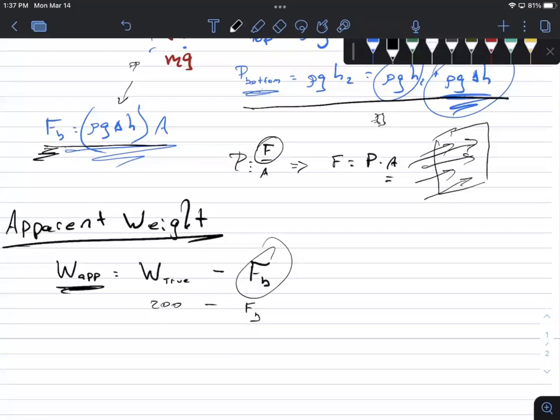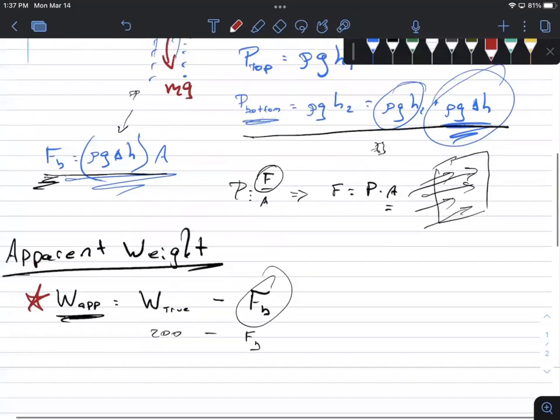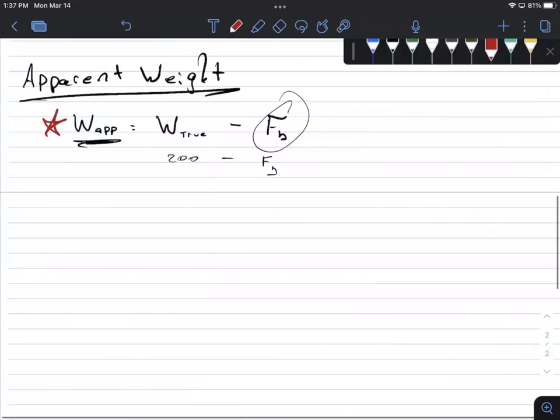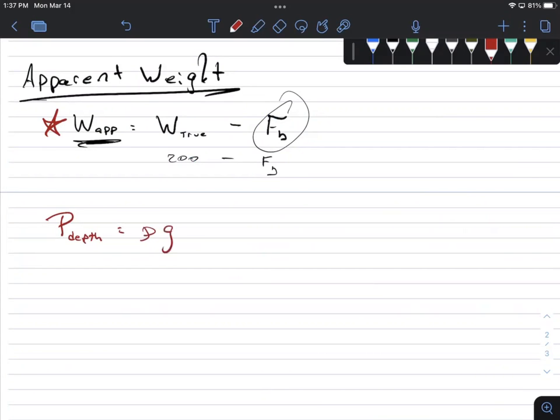So this is another equation we need. So we have two big equations right now, and I'll rewrite them here. The first, the pressure on an object due to its depth is rho times g times h, where rho is the density of the fluid.